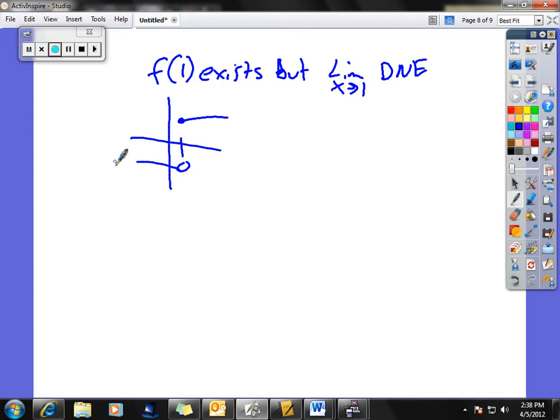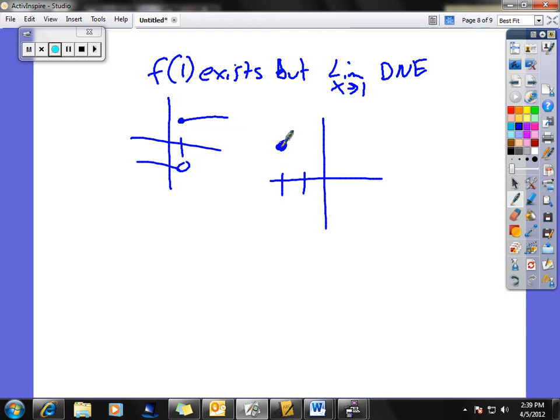Let's just look at number 36. It says f of negative 2 exists. So at negative 2, we do have something. It says the limit as x approaches negative 2 from the right equals f of negative 2. So we have a closed dot somewhere. You can put it anywhere you want.